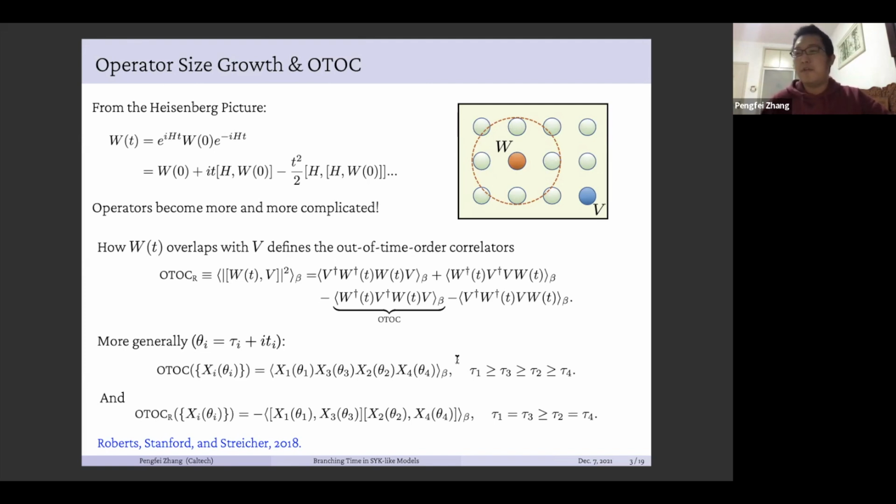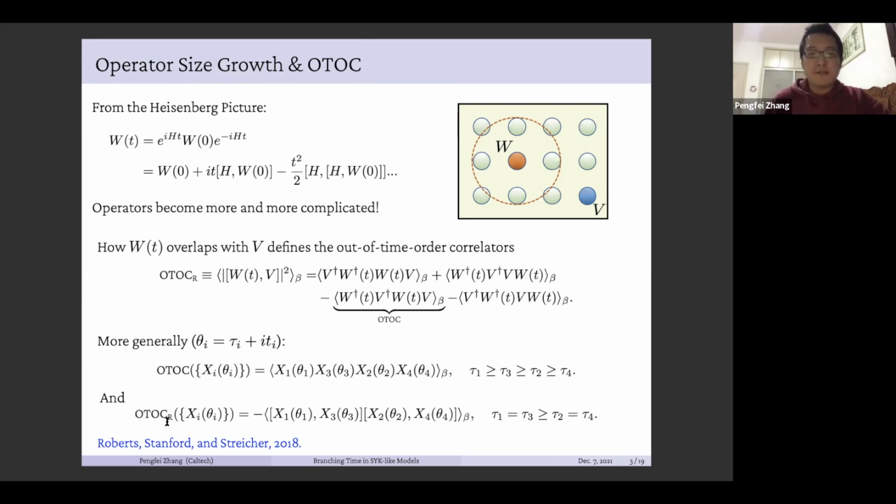More generally, we can introduce 4 different operators with 4 different complex times. Here theta is a complex time, where the real part of theta is the imaginary time, and the imaginary part of theta is the real time. It's a very interesting convention. The normal out-of-time-order correlator is defined to be ordered in the imaginary time sequence.